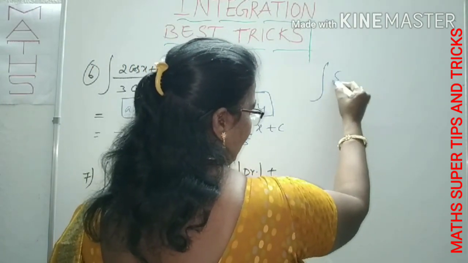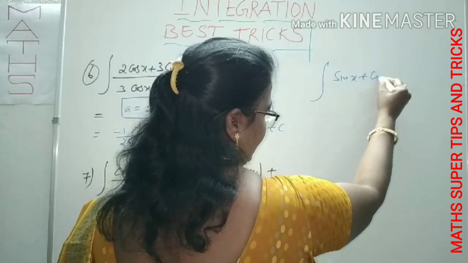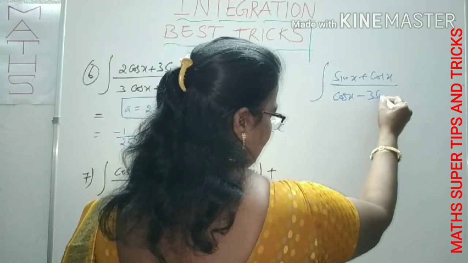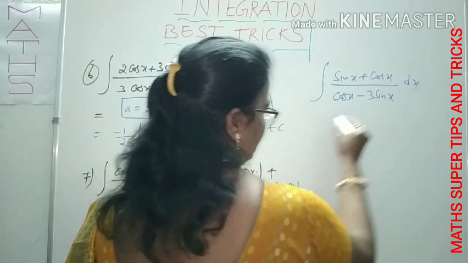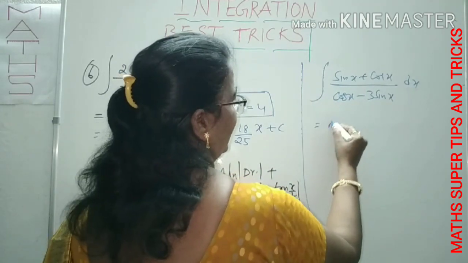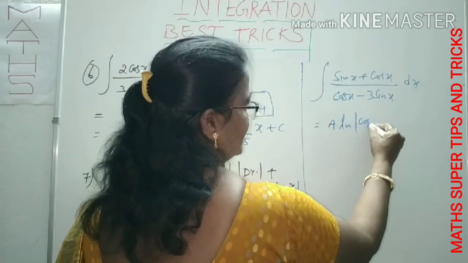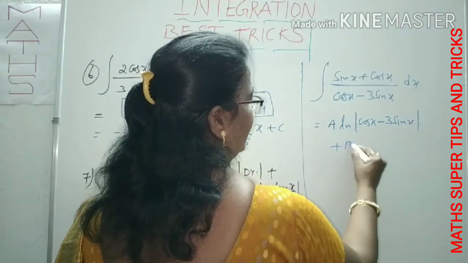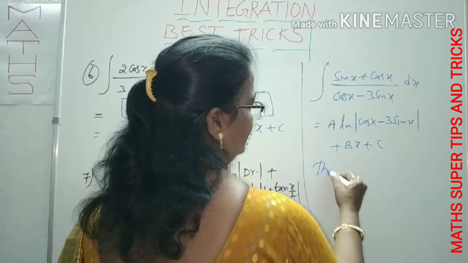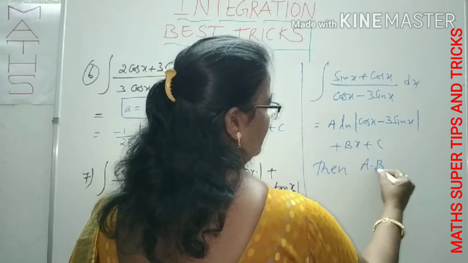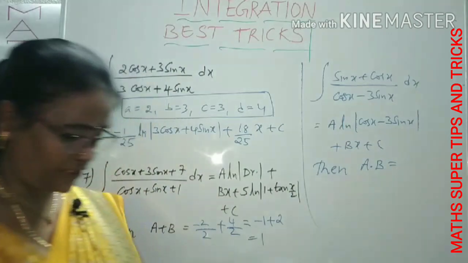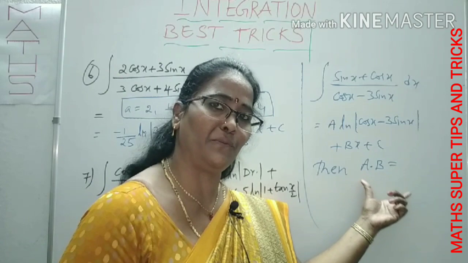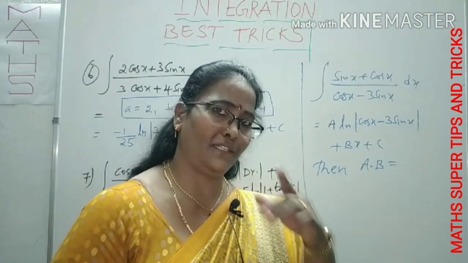The integral of sin x plus cos x by cos x minus 3 sin x dx is given as some a into log of mod cos x minus 3 sin x plus bx plus c. Then find a into b. This is a question for you. So you can find out the a into b value. Mention the result in the comment box. I will check whether it is correct or not.